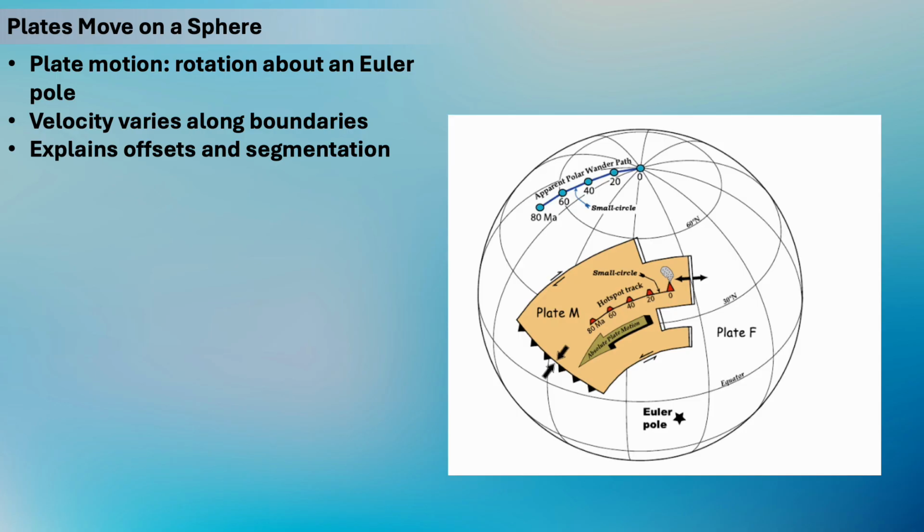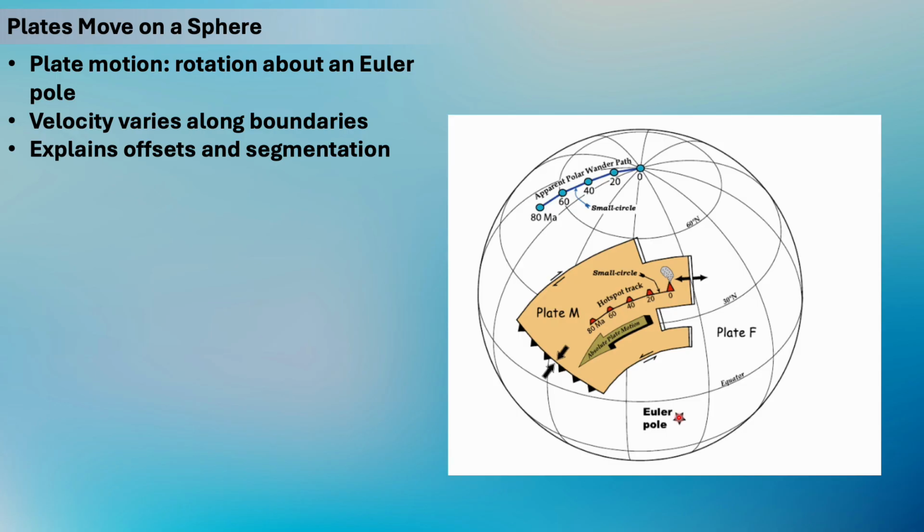Because the plate is rotating, different parts of the plate move at different speeds. Points close to the Euler pole, as indicated here, move very slowly, while points further away move faster.